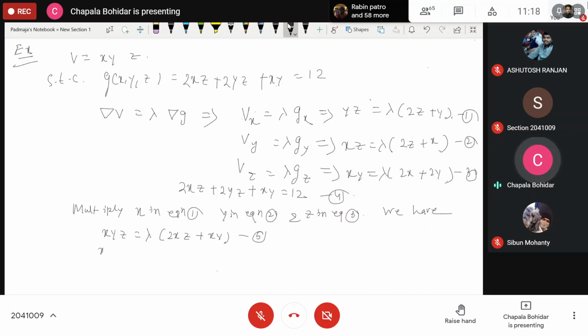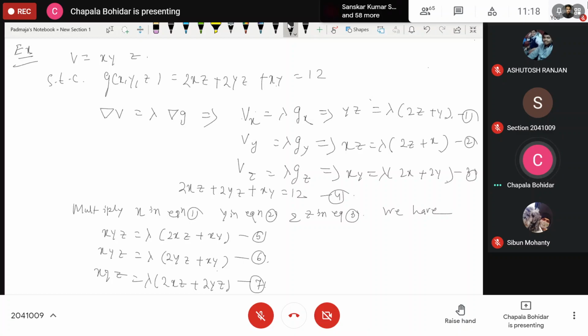Then xyz is equal to lambda into 2yz plus xy, so it is 6. Then xyz is equal to lambda into 2xz plus 2yz, say 7. It is 5, 6, 7.